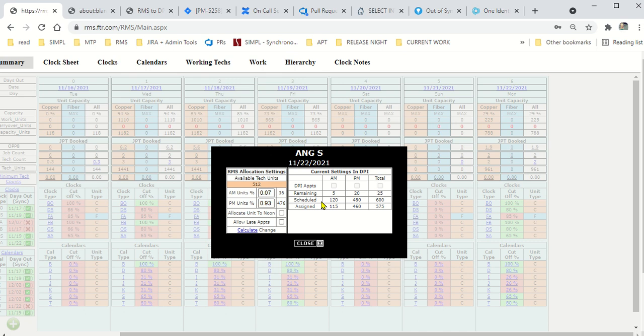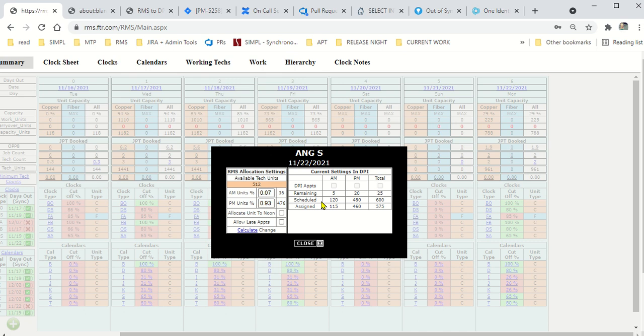So the schedule would show 240. We'd change the calculation. We would add some more units. So we'd put in a schedule of 240, which would make the remaining... well, no, it'd be 240 minus the assigned, 115 plus 5.